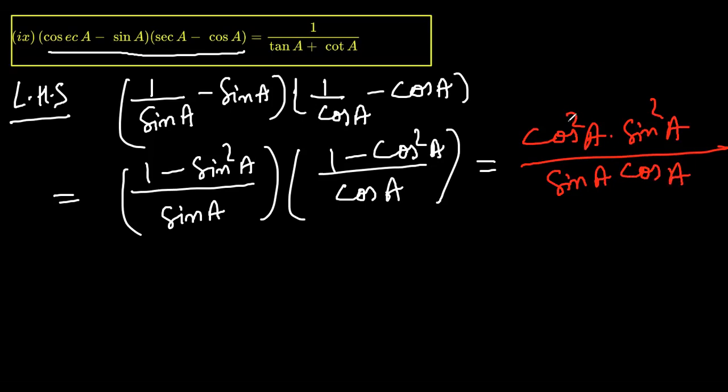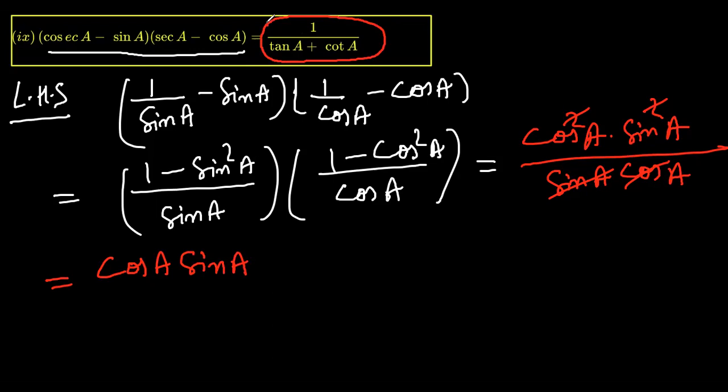It looks like we can cross out cos square with cos, sin square with sin. So we get this equal to sin A cos A. In the numerator we see, actually, this is cos A sin A, which does not make much difference. But on the right hand side, we do not have sin A cos A. We have a term like this.